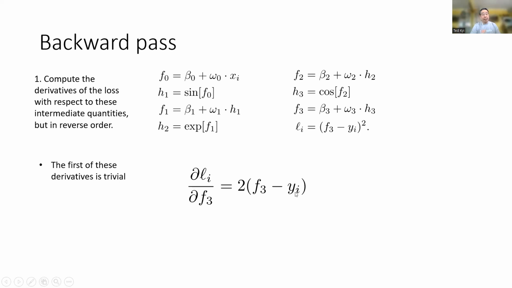For a given value of F3 and a given label y, this partial derivative is an actual number. When we're going through our training examples, if the label for a particular example is 1 and our prediction is 1/2, then the partial derivative of the loss with respect to F3 is going to be 2 times 1/2, which is 1.